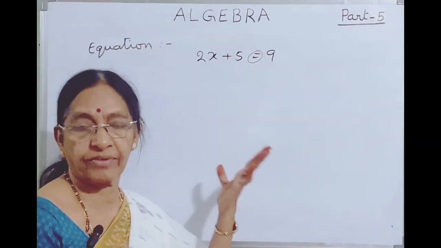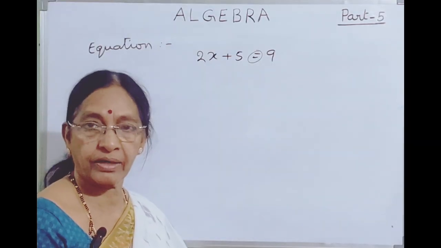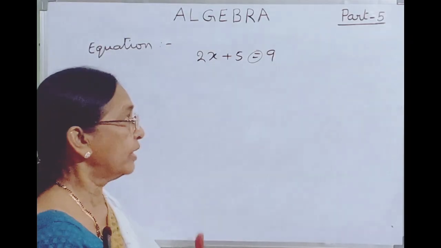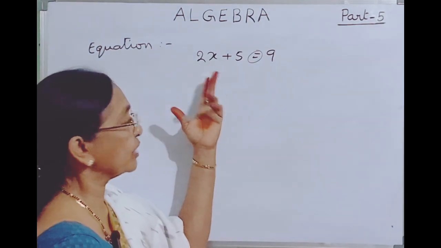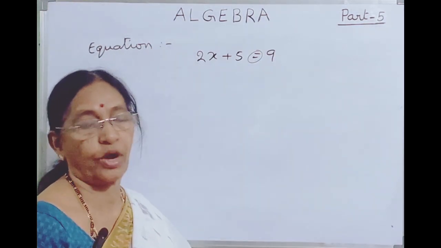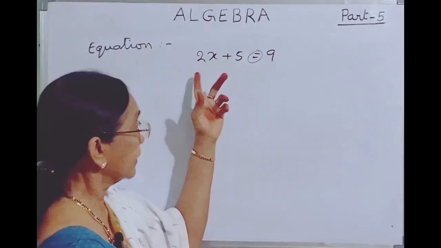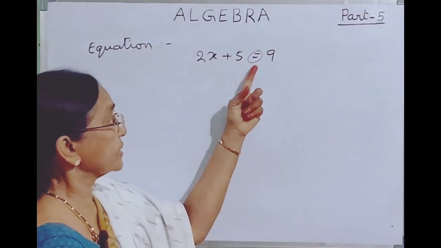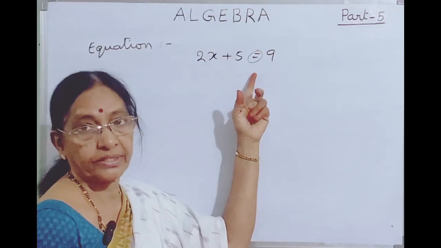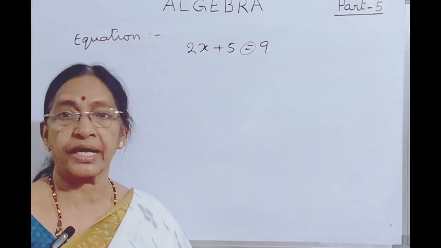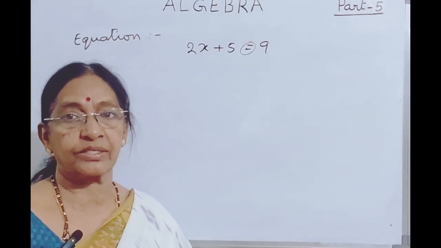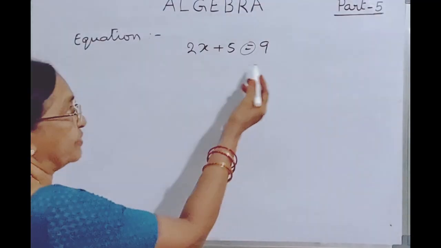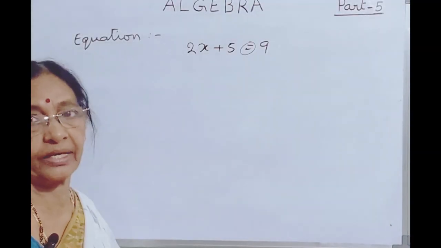It is true for some values of x and false for some other values. Thus, if we substitute values, we get some statements, true or false statements, and this is called an equation as it contains an equality sign. So an open sentence which contains an equality sign is called an equation. So 2x plus y is equal to 9 is an equation.